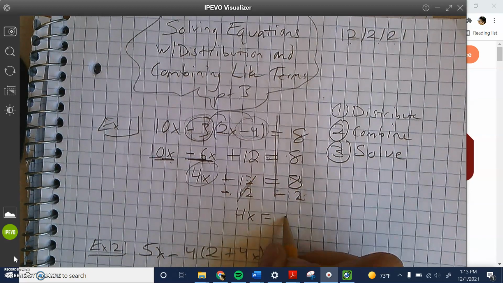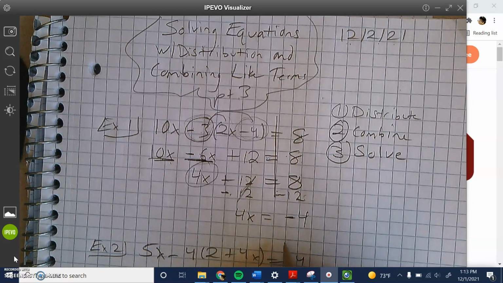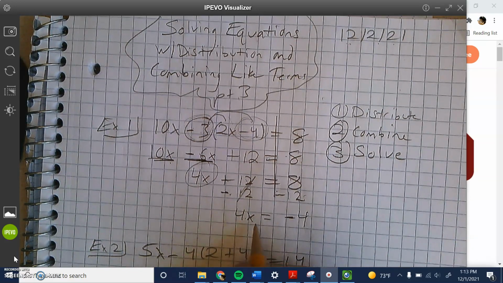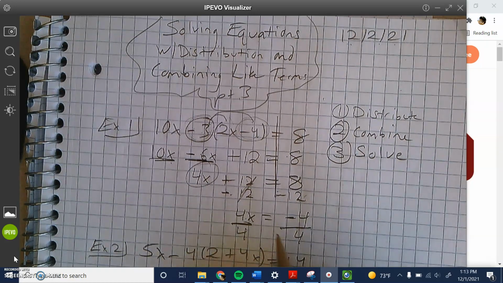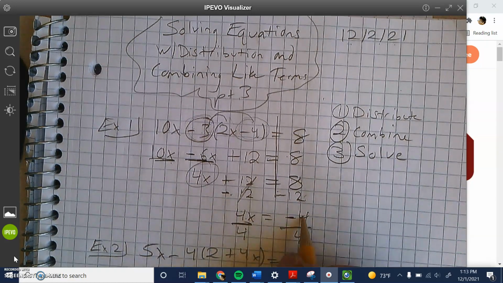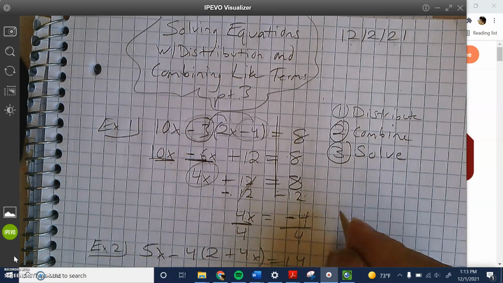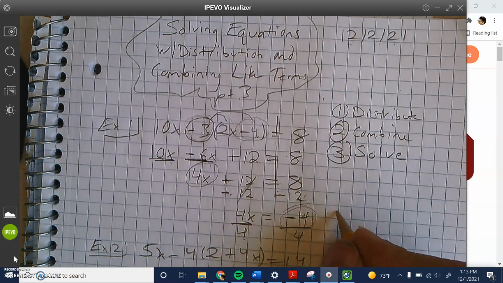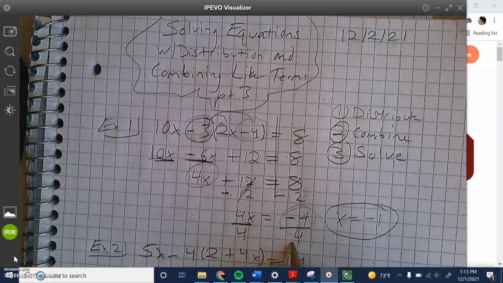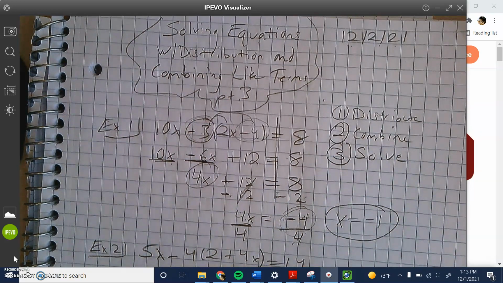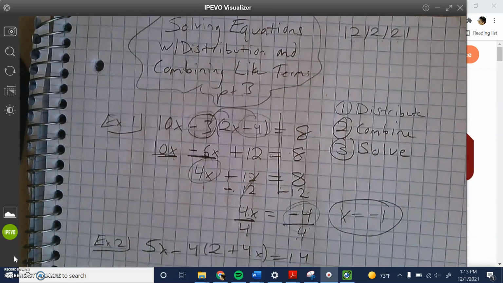That means I'm down $4 like that. 4 times x, so I divide by 4. 4 divided by 4 is 1. -4 divided by 4 is -1. A negative divided by a positive is a negative. There we go. X equals -1.